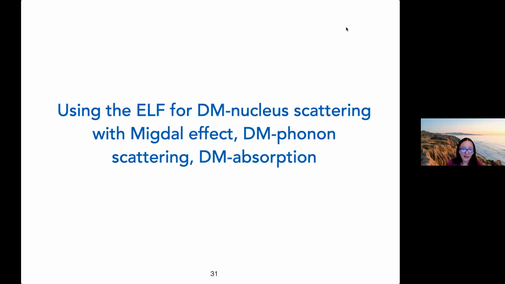In this last part of the talk, I'm going to describe how we also use this energy loss function for a few other processes, including the Migdal effect, and briefly I'll talk about the other two. Are there any questions before I move on?